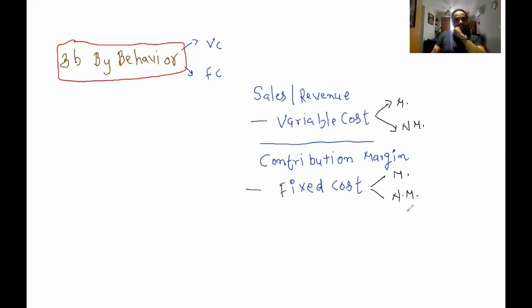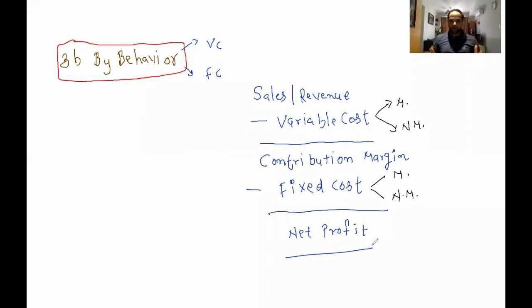Non-manufacturing fixed cost: administration cost, mainly salaries, depreciation, and so on, right? So once we subtract this, we reach the net profit. So this is called by behavior.